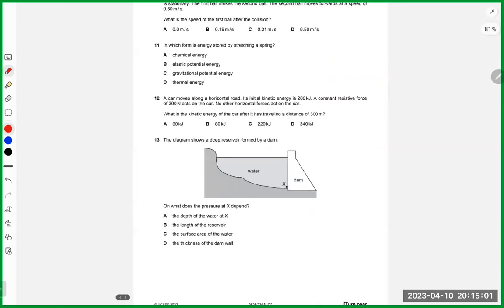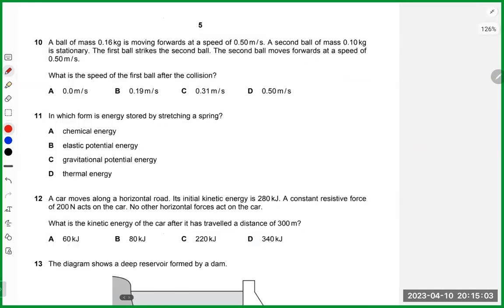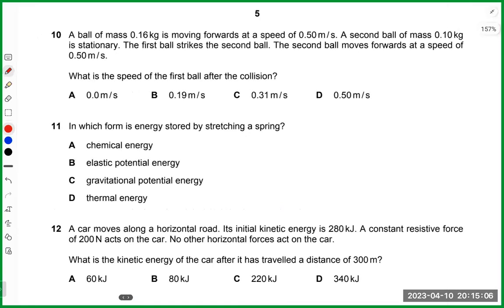Now, this is the situation that there is this ball of 0.16 kg traveling this way with a speed of 0.5 meter per second, and there's another ball of 0.10 kg which is at rest.